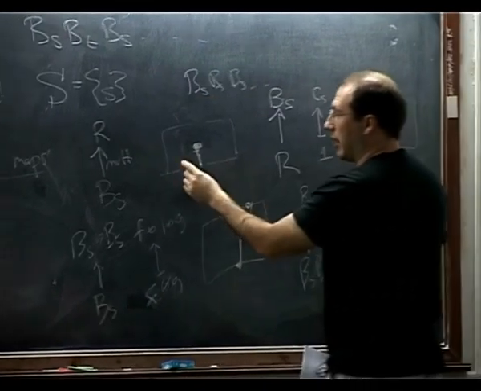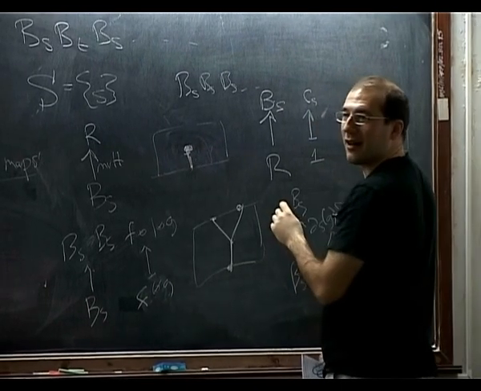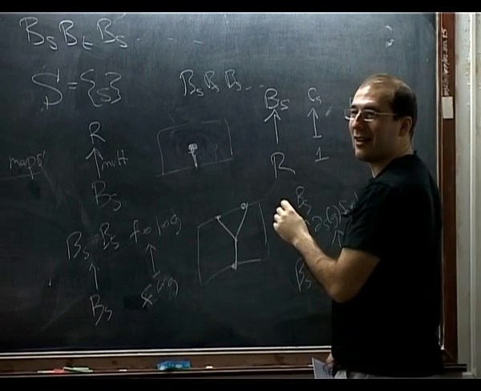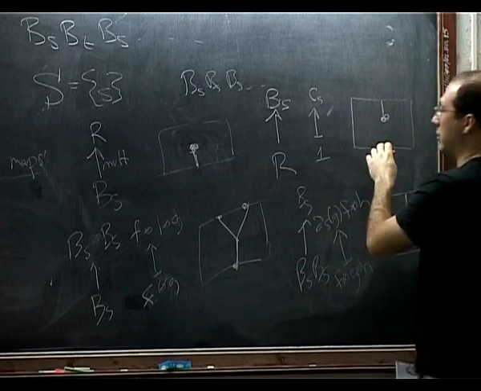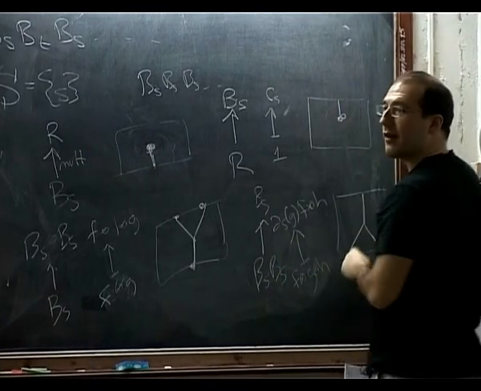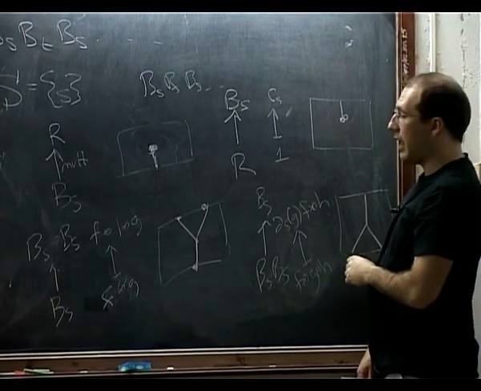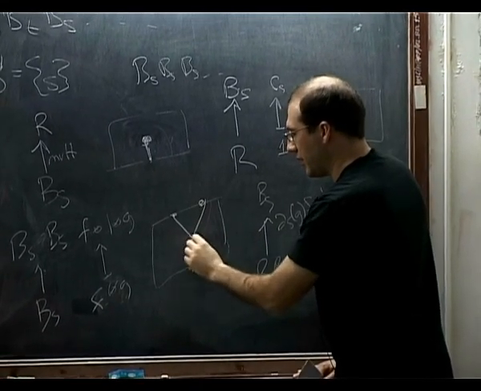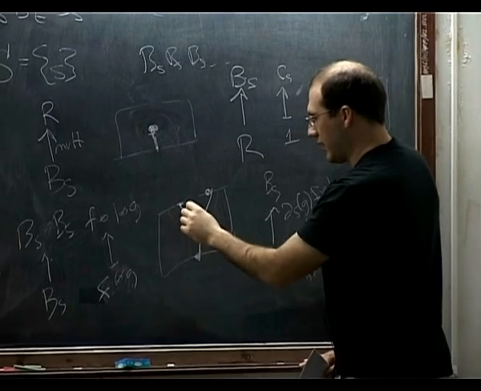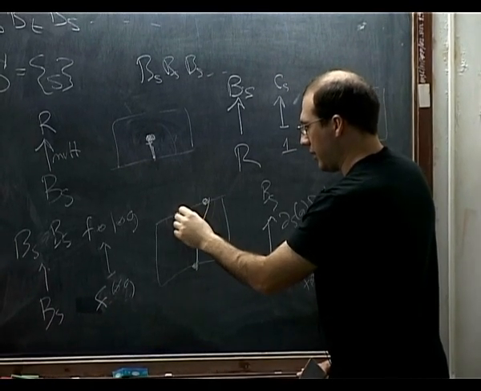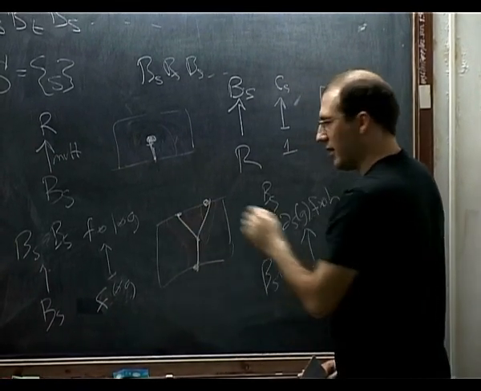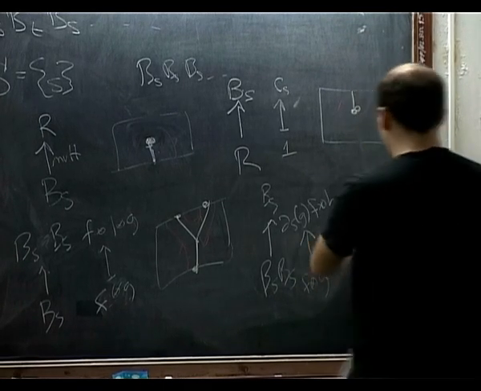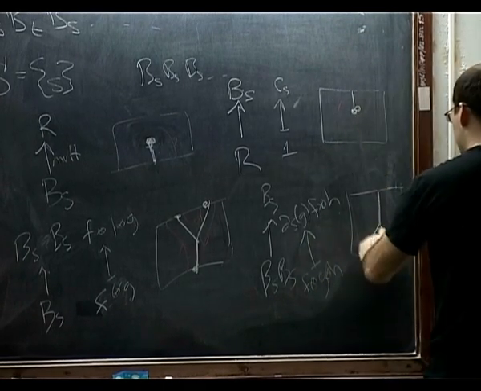This used to be drawn like this. And this used to be drawn like this. This used to be drawn like this. And this used to be drawn like this.